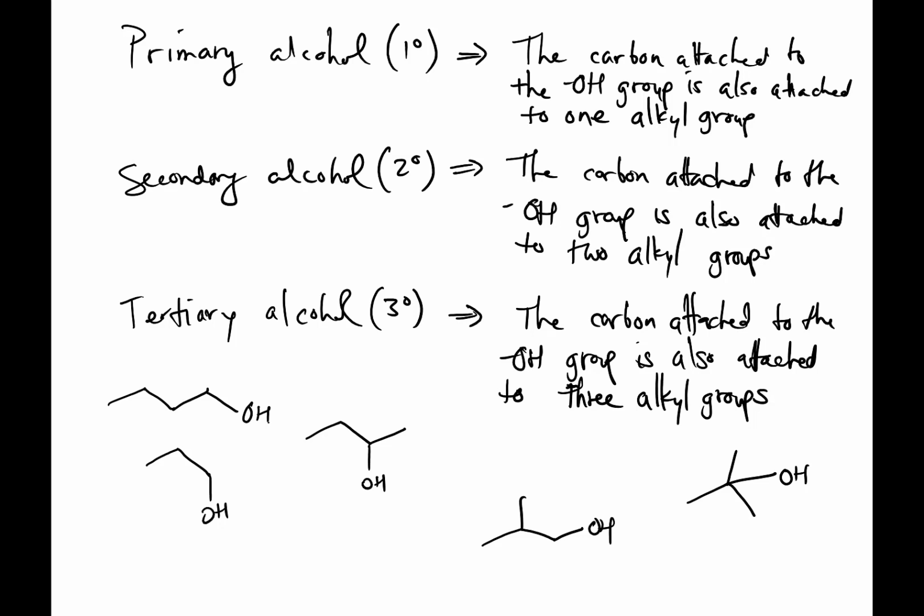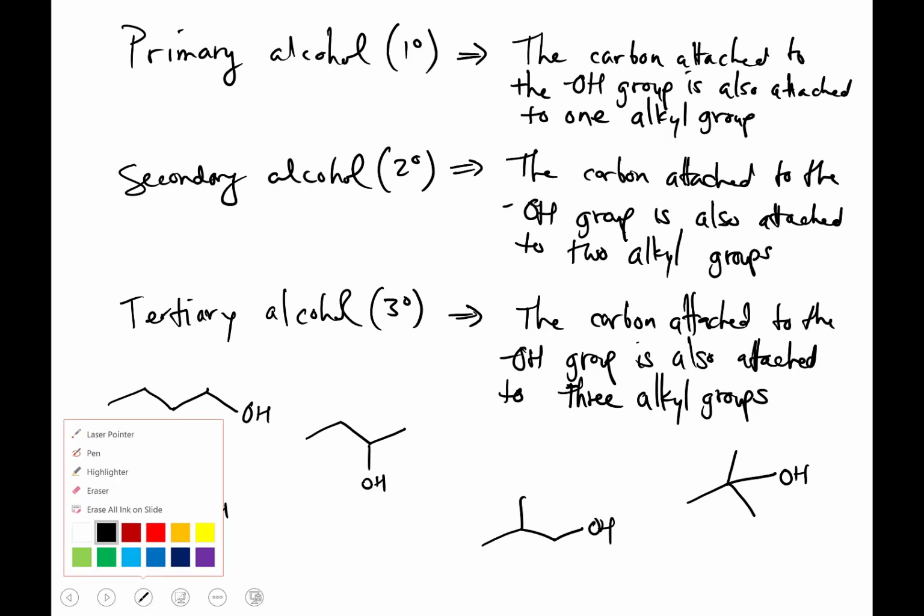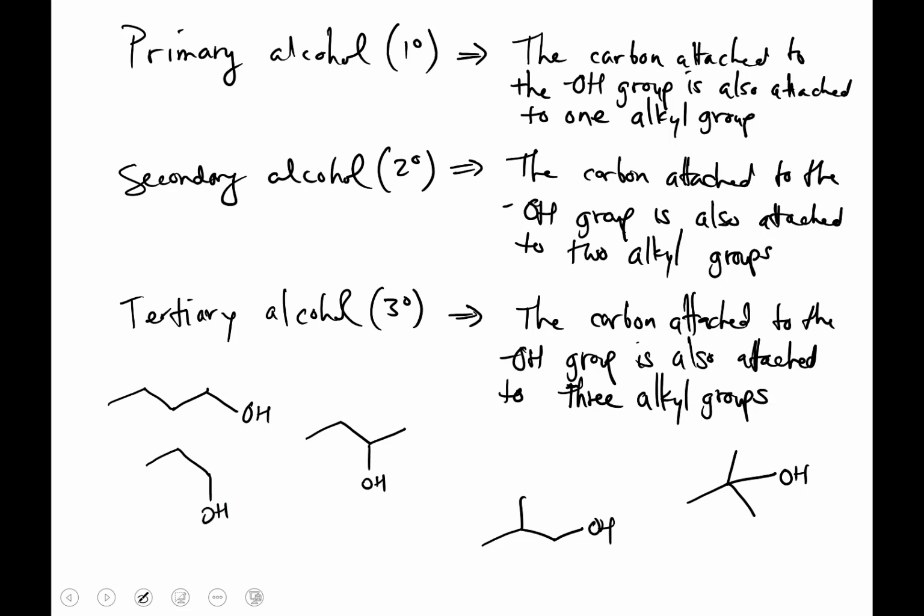Okay, let's try these. And I'll do this in a different color here. So again, I want us to focus on, in all of these cases, I'm going to circle, because I think it's good practice, the carbon, and notice this is line angle, right? These are line angle formulas. So I'm going to circle the carbon that's attached to the OH group because that's the one I'm focusing on when I'm determining what we call the substitution of the alcohol, whether the alcohol is classified as primary, secondary, or tertiary, right? So if I'm doing that, in fact, let's just do it for all of them, right?